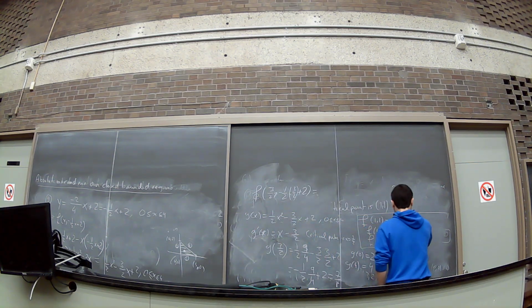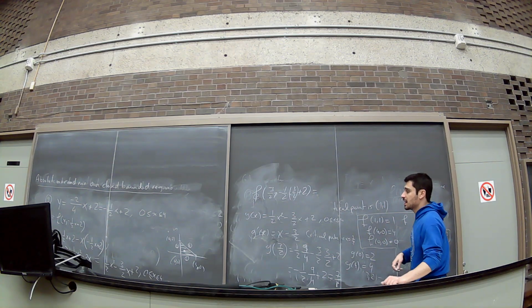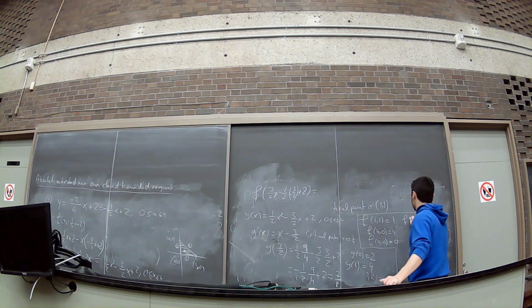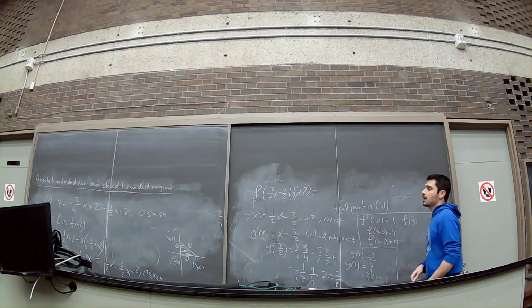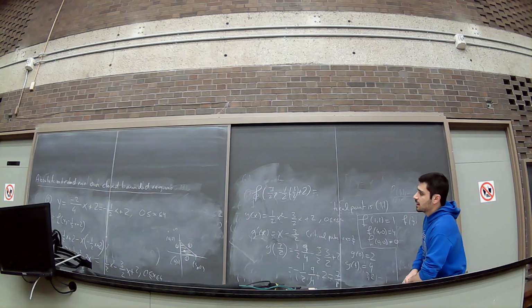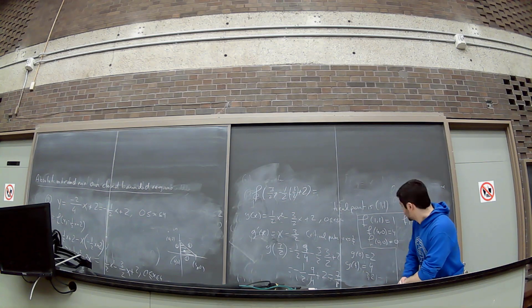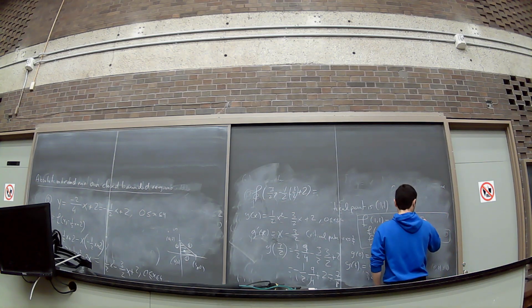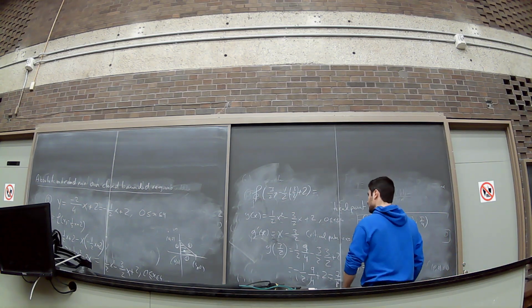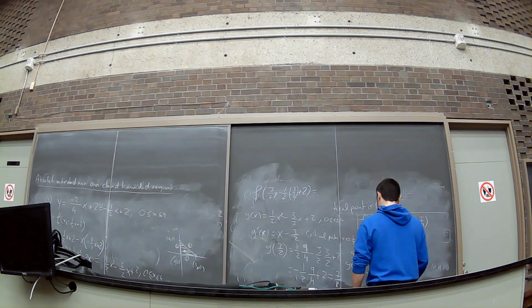So if x is equal to 3 halves, what is the value of y? It's minus 9 over 4 plus 2, right? Yeah? Minus 3 over 4 plus 2, so it's minus 3 over 4 plus 8 over 4, 5 over 4. What is that equal to, did you say? It's equal to 7 over 8, right?